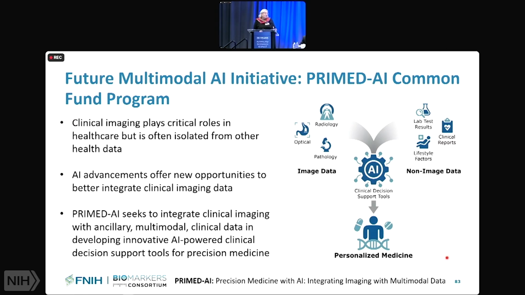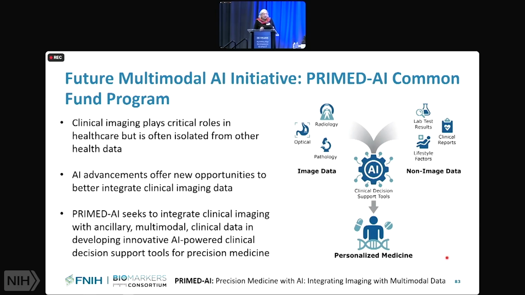So this is an opportunity in the future to leverage clinical imaging, integrate in other types of data such as genomics data with the prime goal of accelerating clinical decision support methodologies and tools for clinicians. So this is an idea where we're going to bring clinicians, patients, and researchers together to help develop these tools that will be enabled through clinical practice.